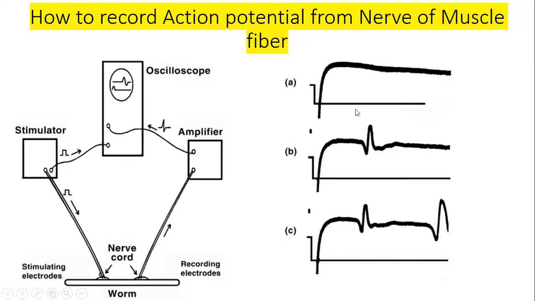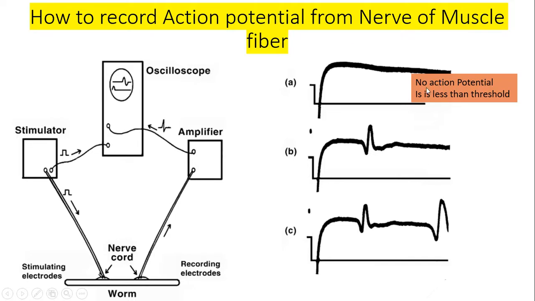Now this waveform indicates that there are three levels of waveform. The first waveform indicates that no action potential is generated even though a small amount of current is applied, because the important point is that every muscle fiber has a specific level that is normally called the threshold, and if the stimulating current is below this threshold, it is not going to cause any action potential.